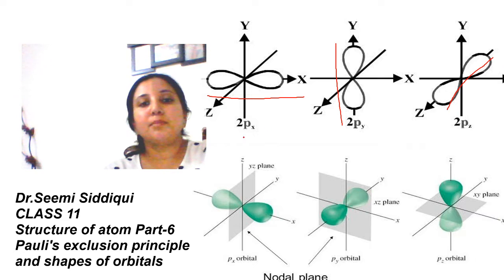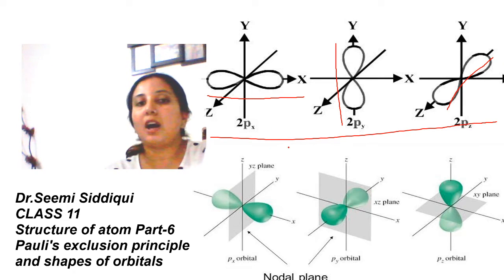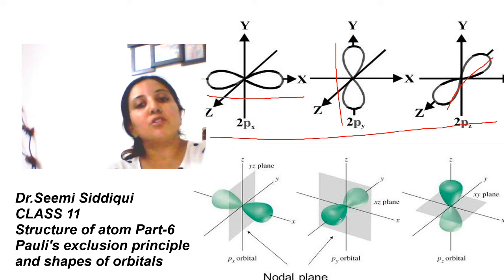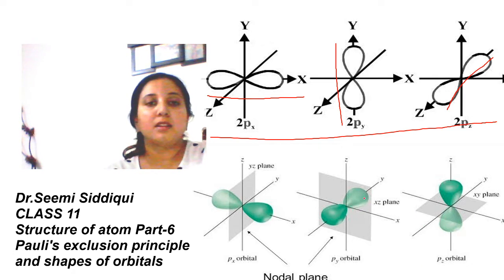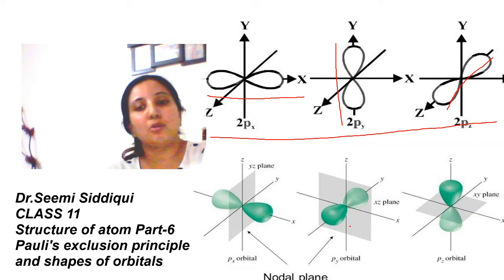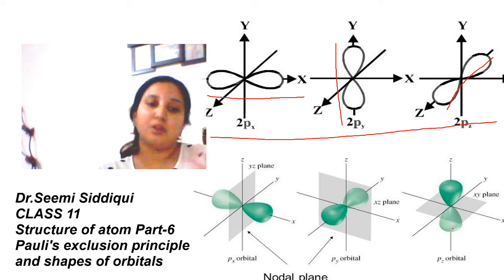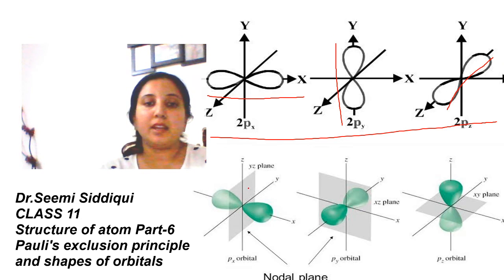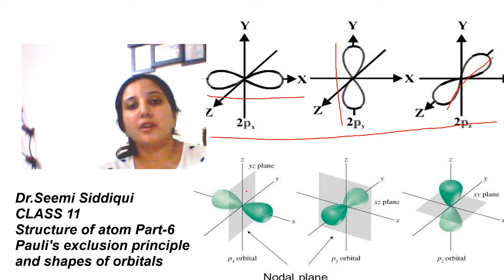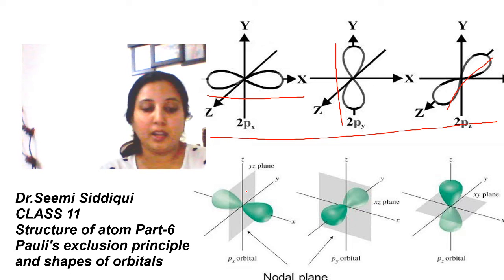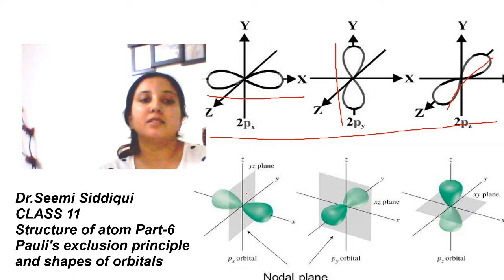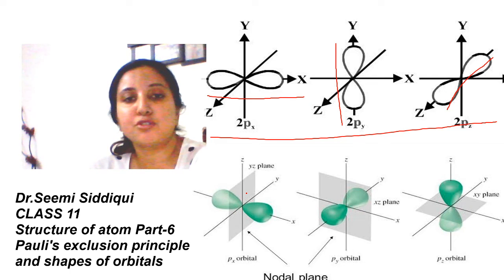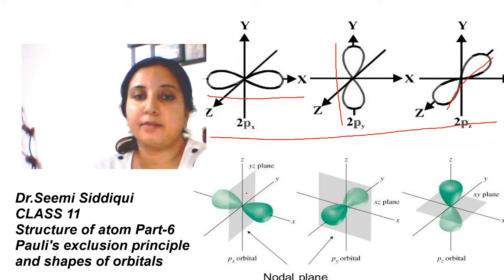These first three figures are drawn along 2px, 2py, 2pz, and the other three figures are also the same figures, but over there we have shown the nodal planes. There is no difference. Again I am repeating, the nodal plane means that these are areas where the probability of finding an electron is practically zero. We cannot find the electrons in these areas.